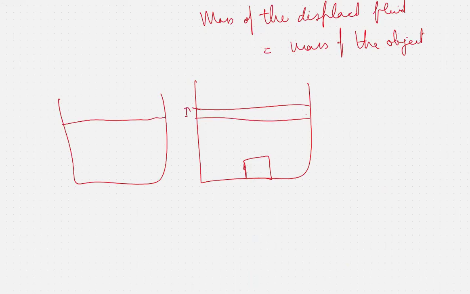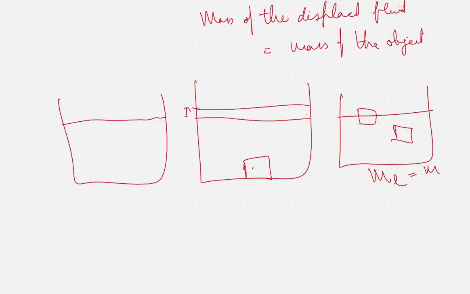But if this object floats like this or like that, fully submerged or partially, the mass of the displaced liquid is equal to the mass of the object. Just remember, partially submerged or fully submerged, whatever it is. That's all.